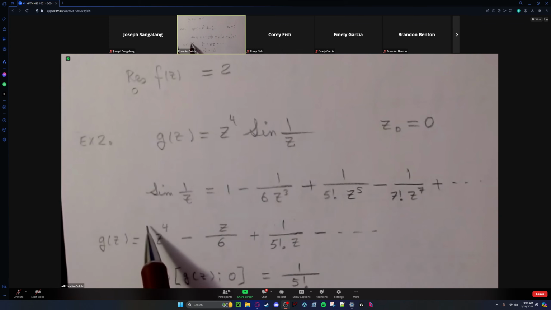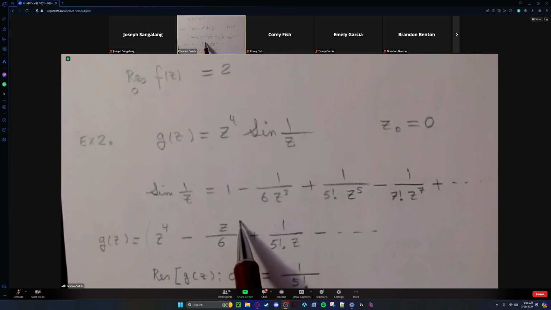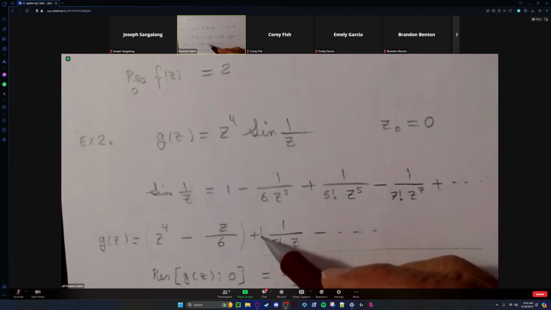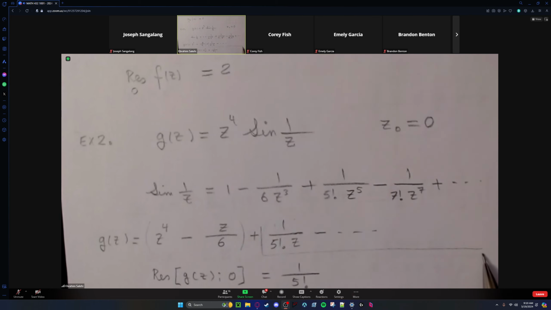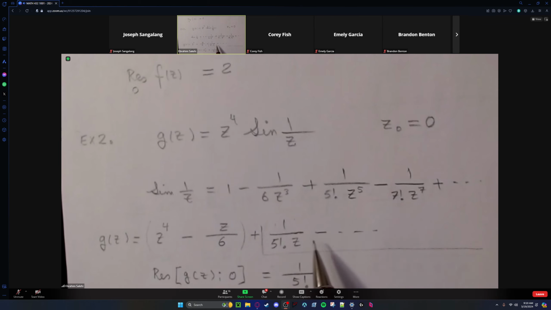Well, this is the analytic part, and from this point on you have the principal part. You have infinitely many terms in the principal part, and when you have infinitely many terms, that is called an essential singularity.